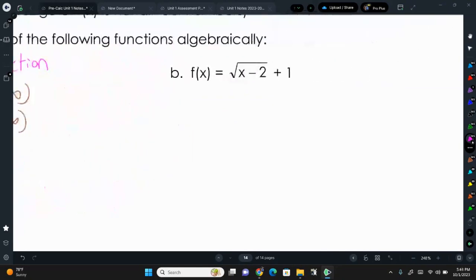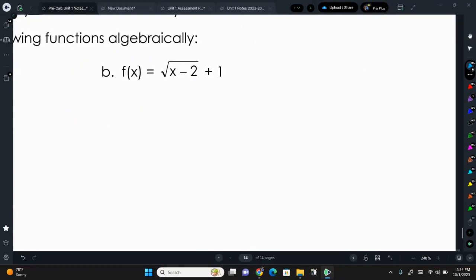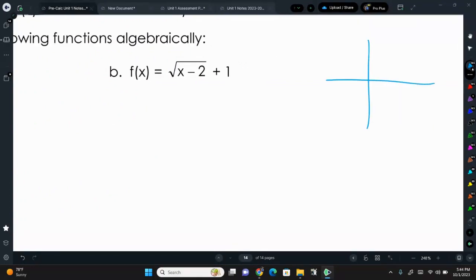All right, so now this one, we have f of x equals the square root of x minus 2 plus 1. So the domain of this, and it might help to look at a rough sketch of this function. It's a square root function, and we know it looks like that because there's no reflection or anything. And this point is 2 comma 1.